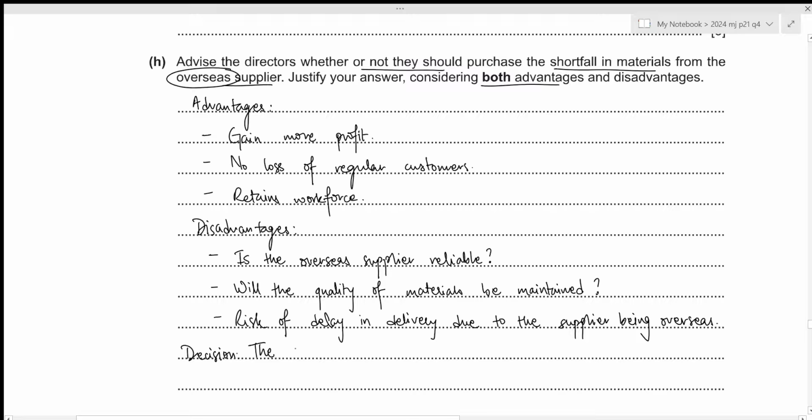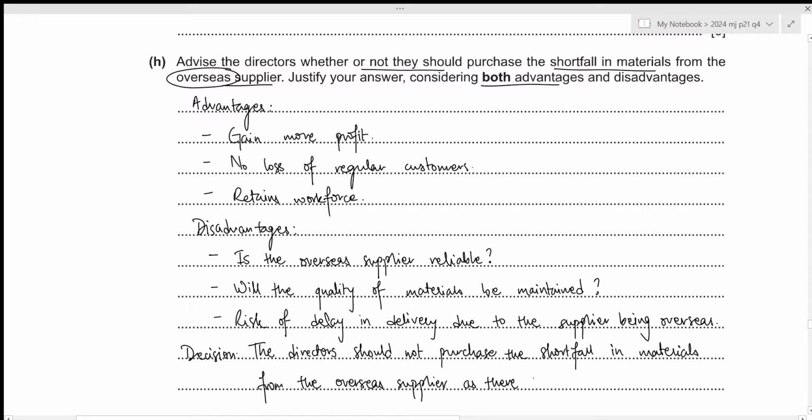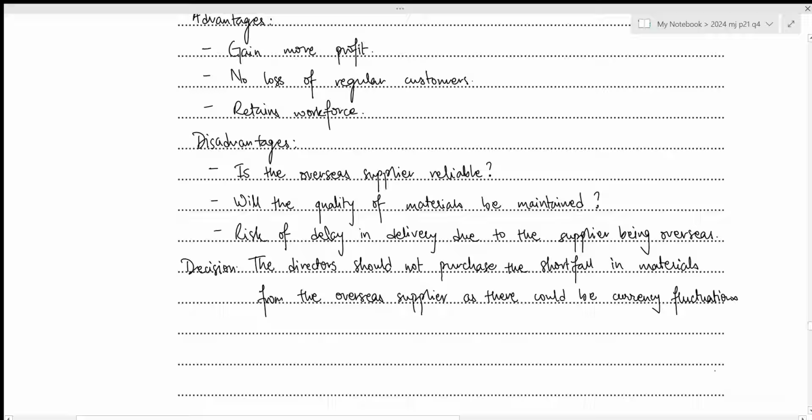The directors should not purchase the shortfall in materials from the overseas suppliers as there could be currency fluctuations which could increase prices. And that way the company would have to suffer a loss.